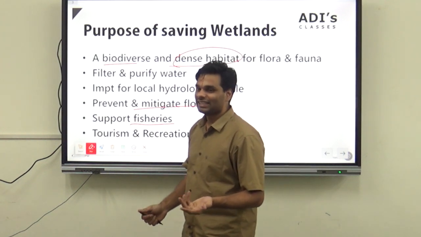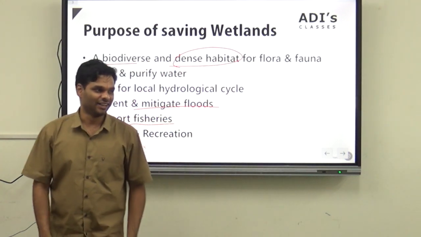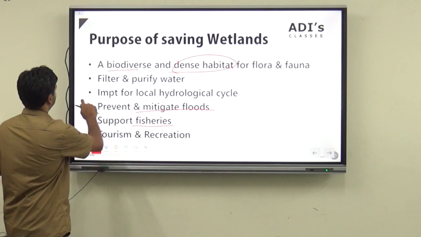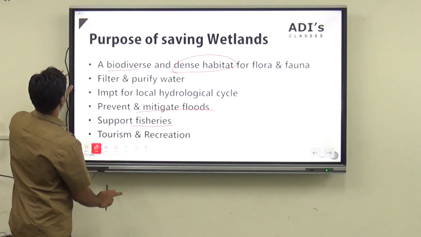Why? Just imagine Chilika Lake in Odisha. I don't know if you have seen Chilika Lake. Okay, let's see Chilika Lake now. One second. I want to show you Chilika Lake.